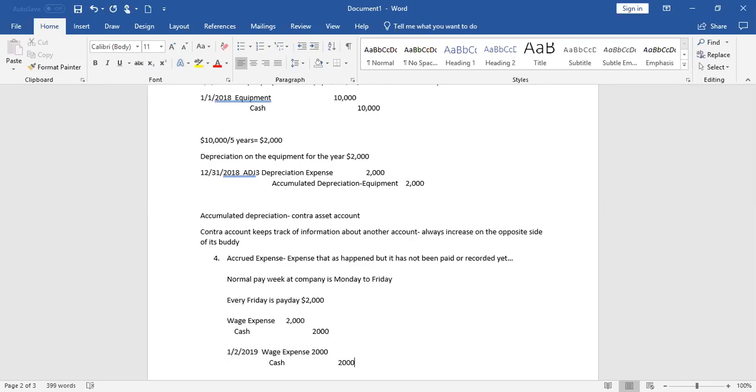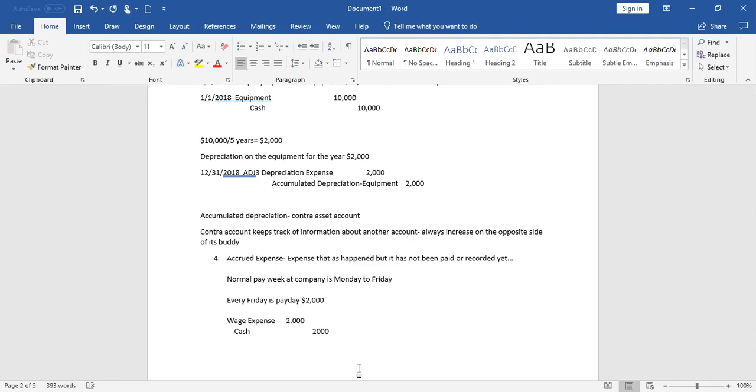If we put all $2,000 on January 2nd, 2019, it looks like all the work was done in the accounting year 2019. It wasn't. 3 days of the work week, Monday, Tuesday, and Wednesday, fall in the accounting year 2018. Only 2 days fall in the year 2019. So that journal entry isn't done.